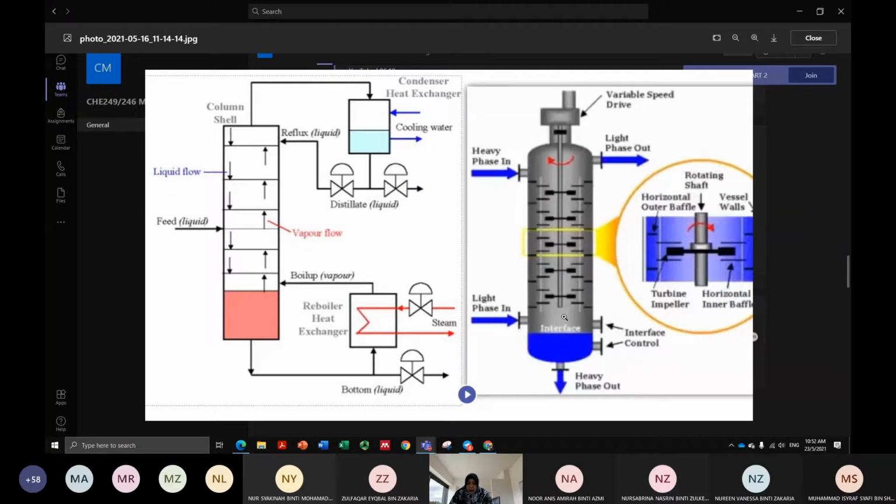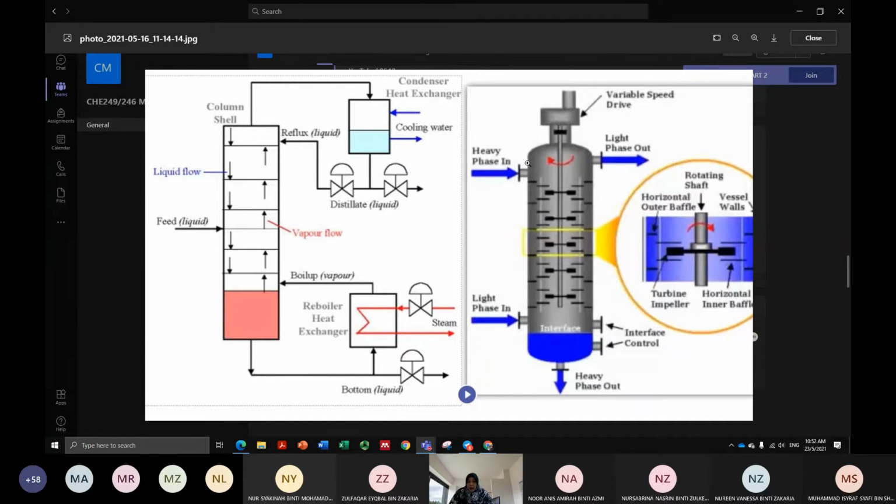Since it is light phase, it will flow upward. So you have countercurrent flow take over in the column.